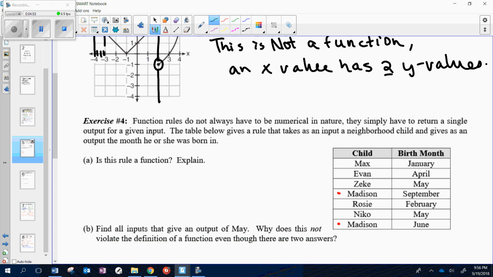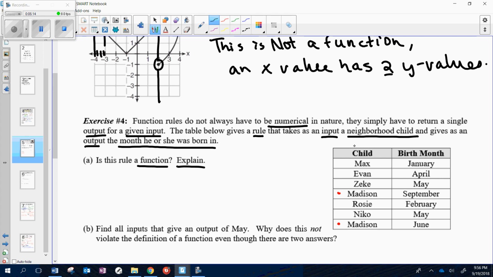Exercise 4. Function rules do not always have to be numerical. They simply have to return a single output for the given input. The table below gives a rule that takes an input, which is a neighborhood child, and gives an output, the month they were born. Is this rule a function? And you have to explain in words.